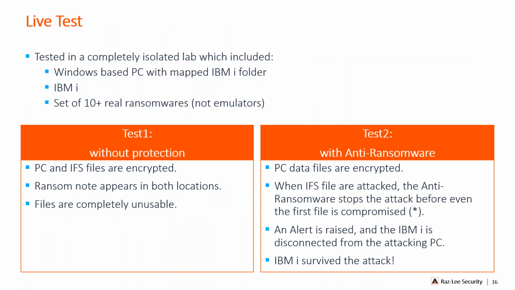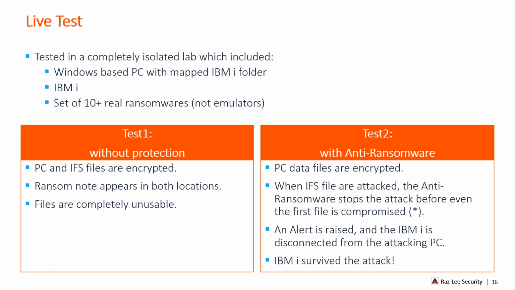Live test. We have a laboratory in our organization which is entirely isolated from the world. It is also isolated from our regular IBM i systems. It includes one PC and one IBM i and a dedicated network.